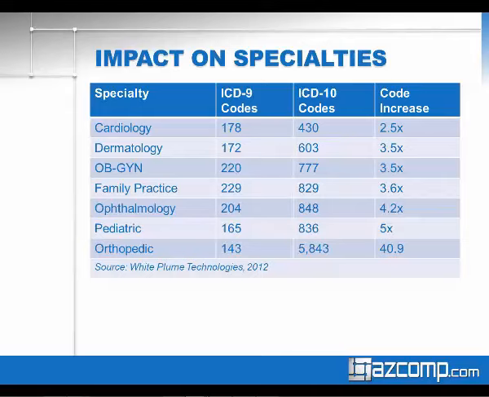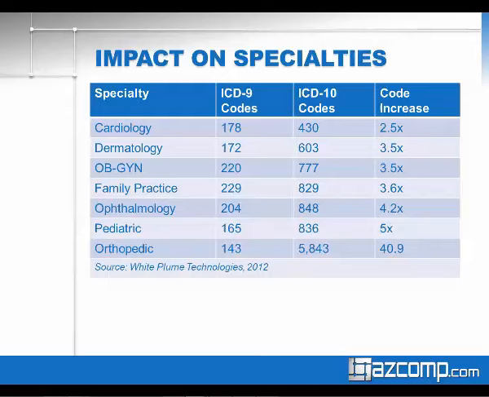As a general rule, all physicians, no matter what their specialty, are going to see an increase in the codes. But depending on your specialty, that impact can vary greatly. There are some specialties where the number of codes that you're going to be using have gone up drastically, as you can see towards the bottom of this chart.